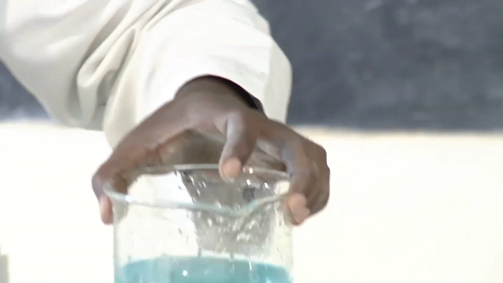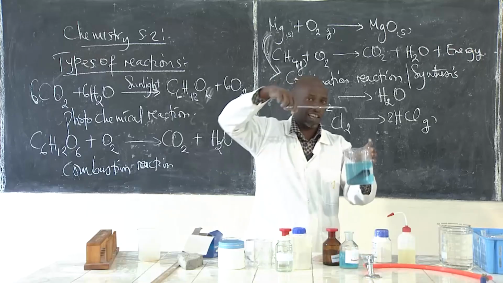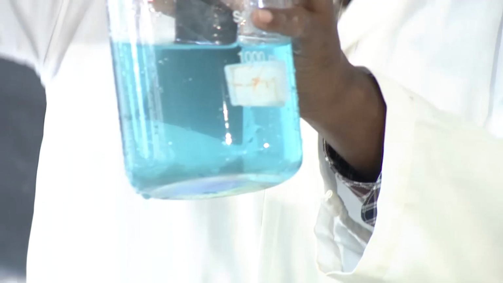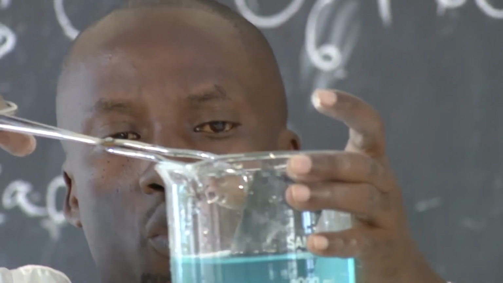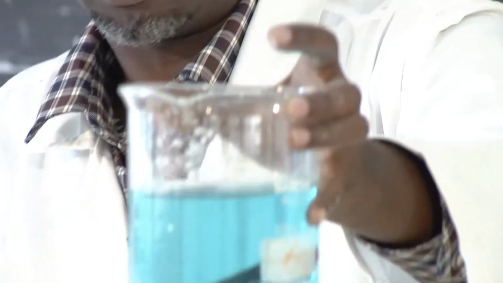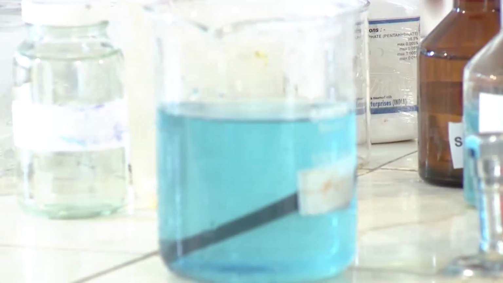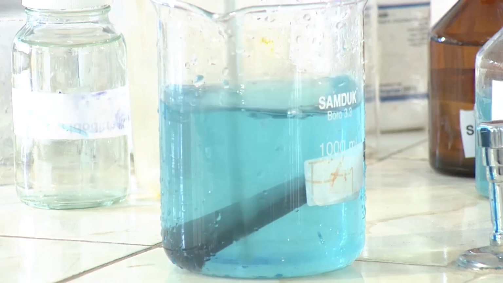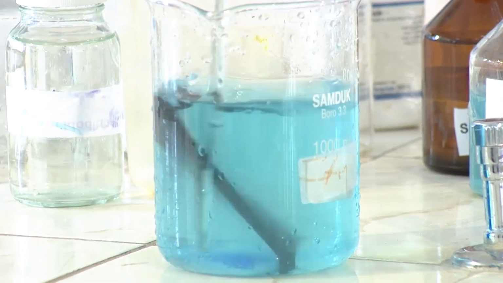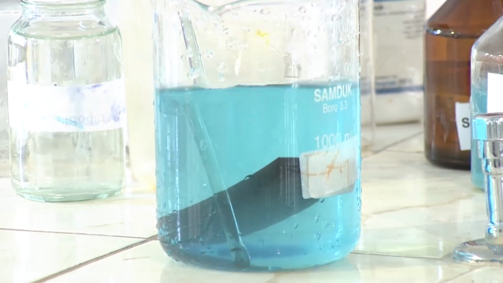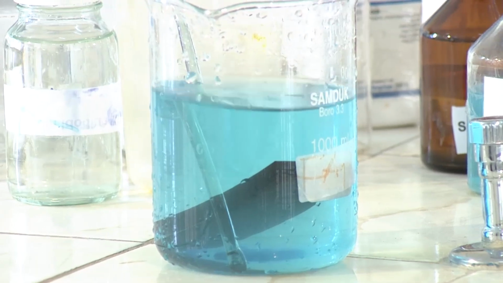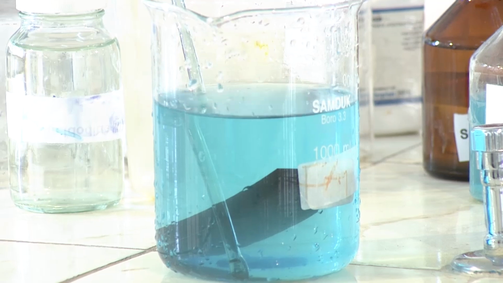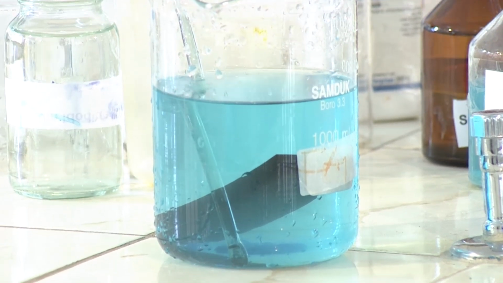But when you look at the metal which is inside here, the metal is changing. So we'll just leave it there and keep seeing what is happening. There is copper in there. The zinc strip which is there is changing. Can you predict what is happening?